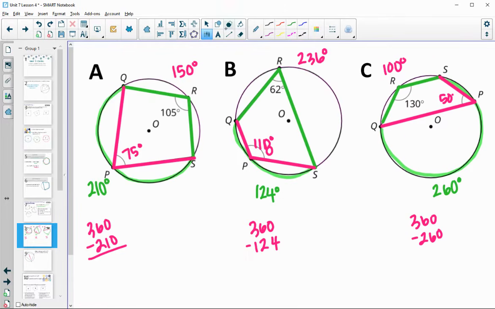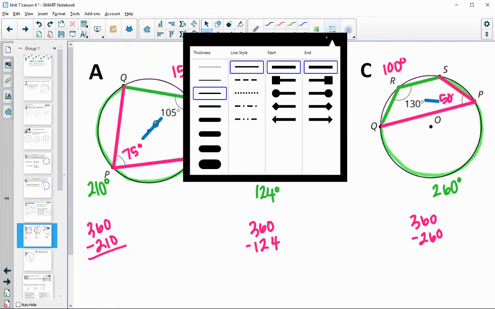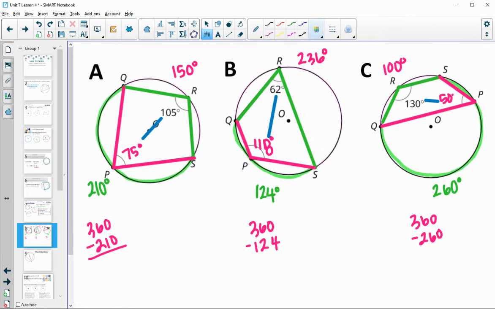Maybe go look back into these examples and see what the sum is here and notice if it's the same in each case. So let's take a look. In this first one, when you did 75 plus 105, we get 180 degrees there for the sum.